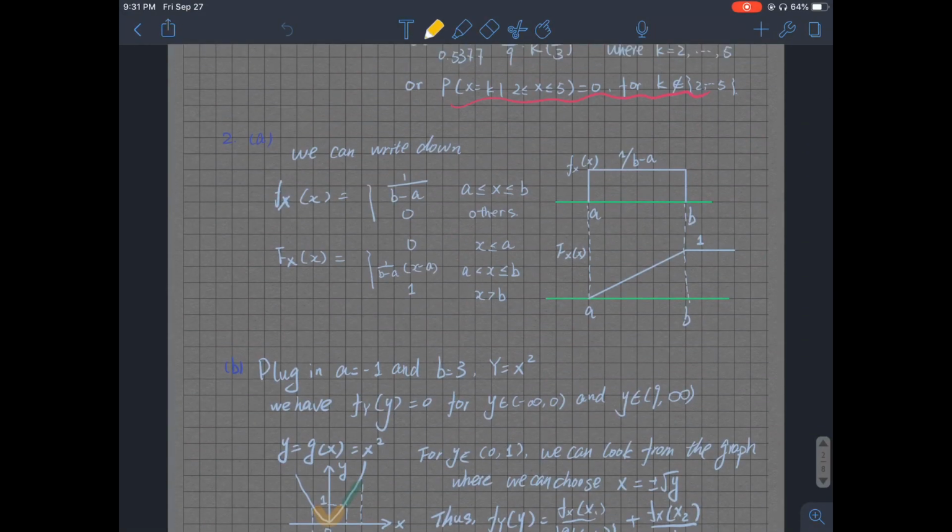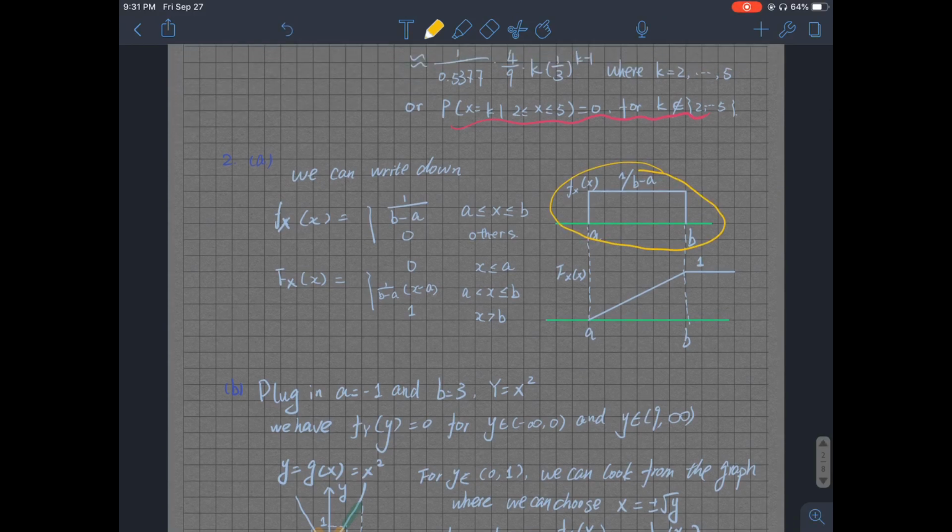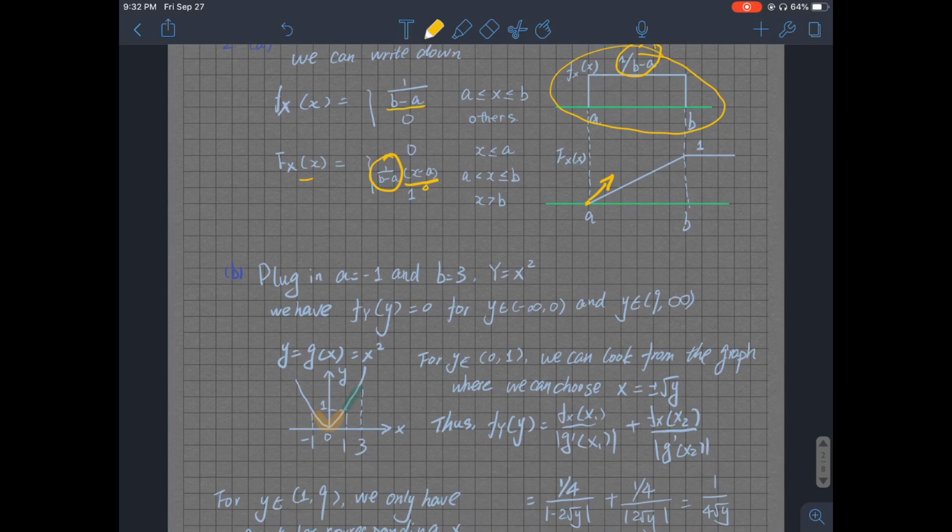So as you can see here, I first write down the uniform distribution. Then this is just 1 over (b minus a), which we just calculated. And for F_X, we have already mentioned that it accelerates from this point of view. So the speed is always the same and starts from (x minus a) at this point.